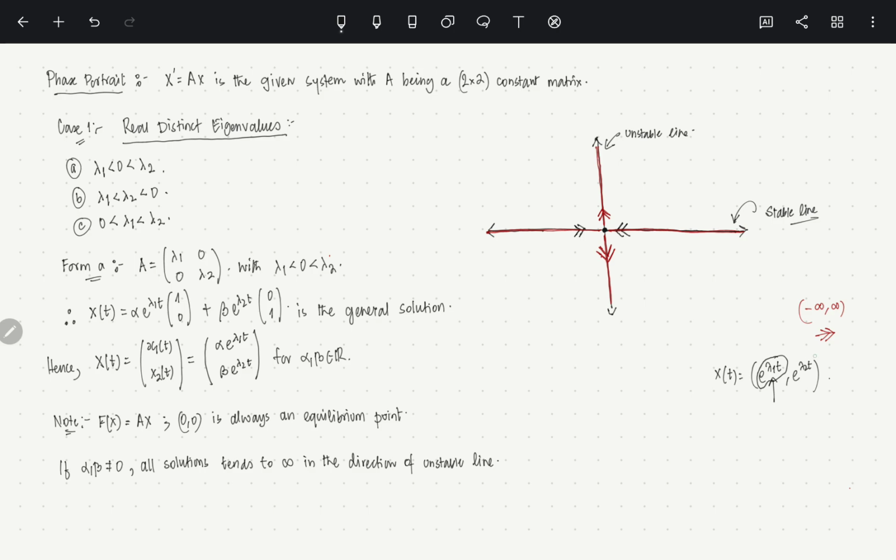And what about this coordinate? If you just look at it, at minus infinity, very close to minus infinity, that's when you are starting out, this goes to 0. You understand?